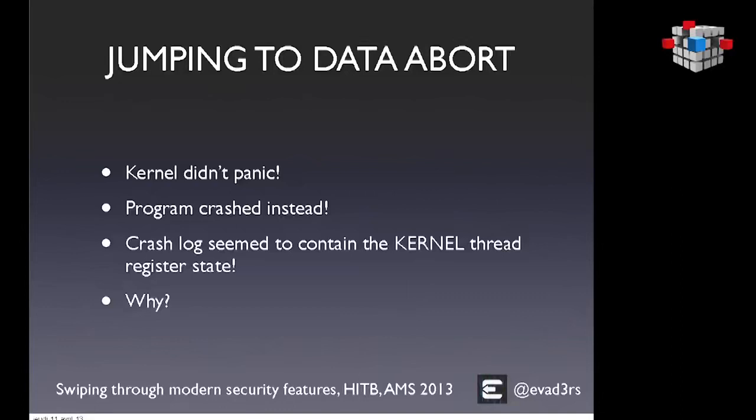The system didn't panic, but the program that was running my exploit code crashed. In addition, the crash log for the program seemed to contain the kernel thread register state and not the userland thread register state for the thread when it was doing that stall pipe exploit. So why did this happen?